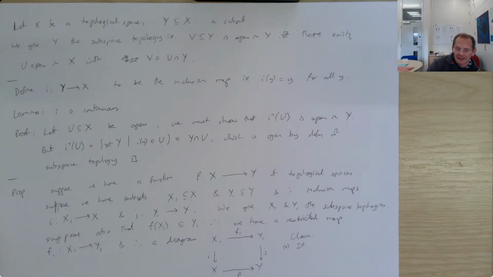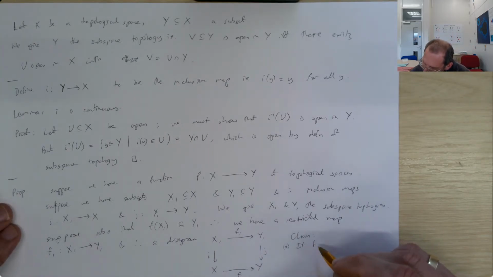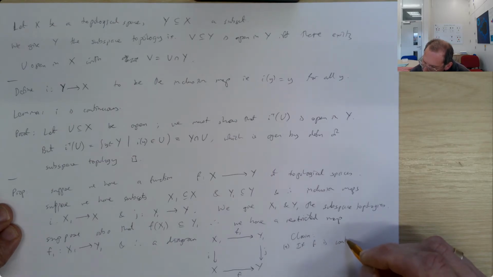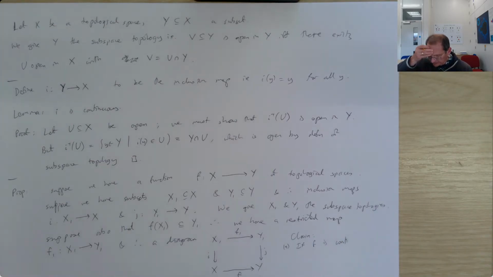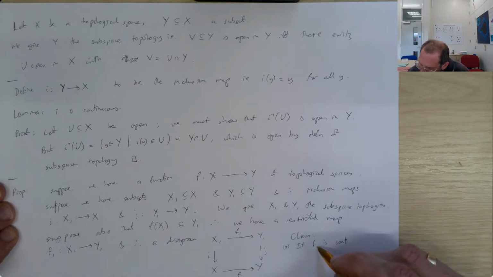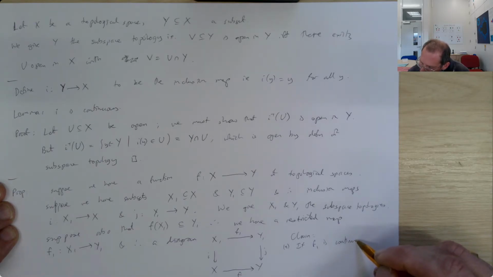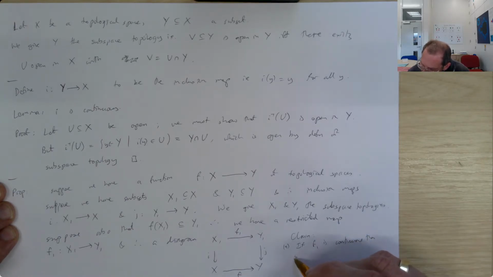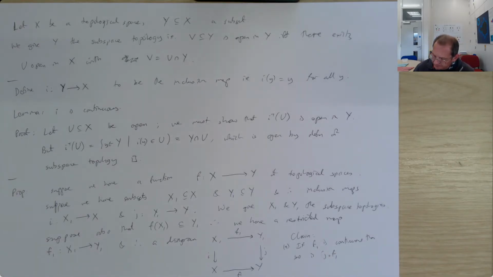So firstly, I want to claim that if f1 is continuous, then so is j composed with f1.